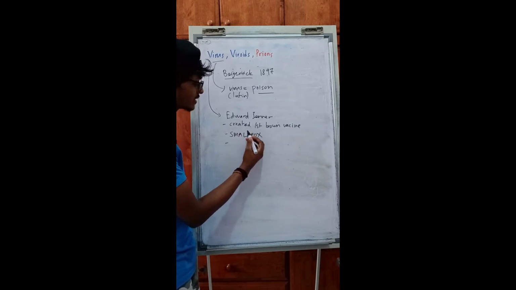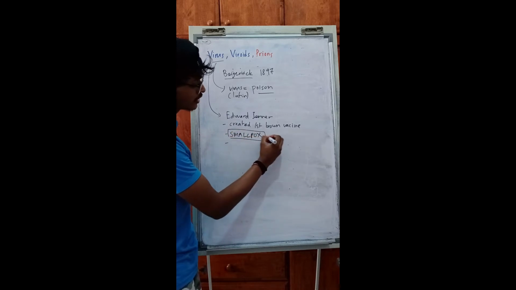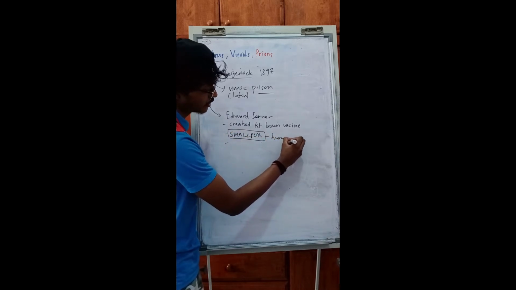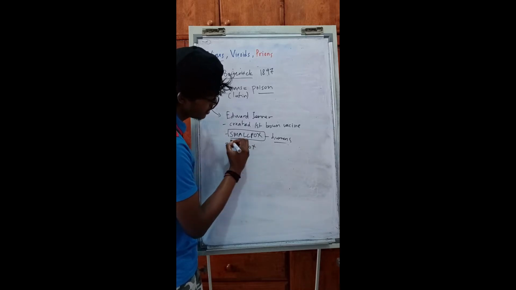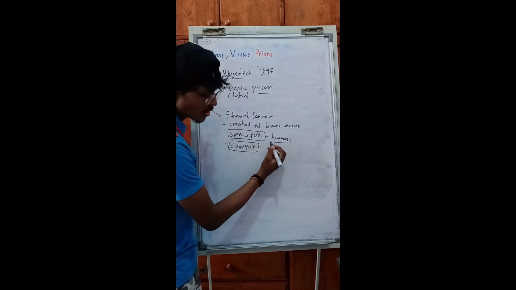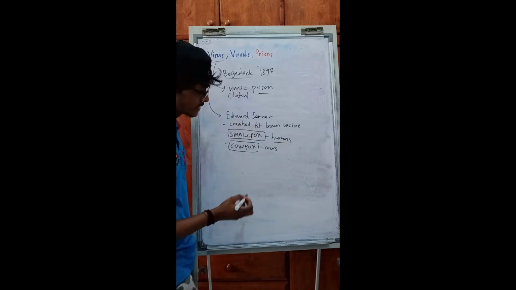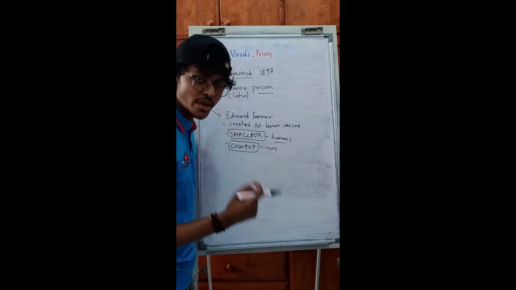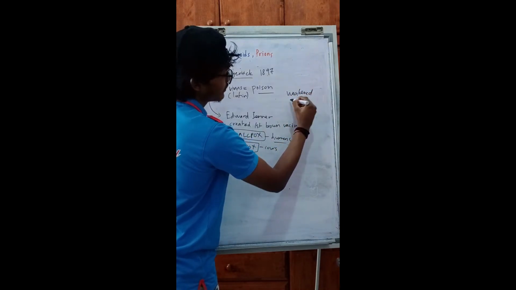How he created the vaccine is that smallpox occurred among humans, but cowpox occurred among cows. As we said just now, a vaccine is a weakened pathogen, a weakened virus.